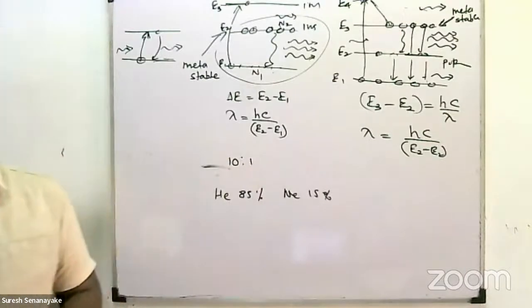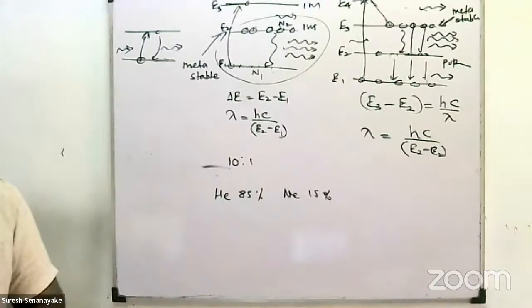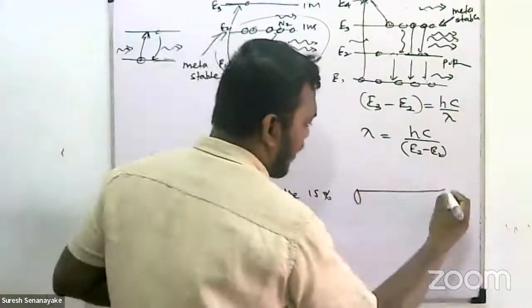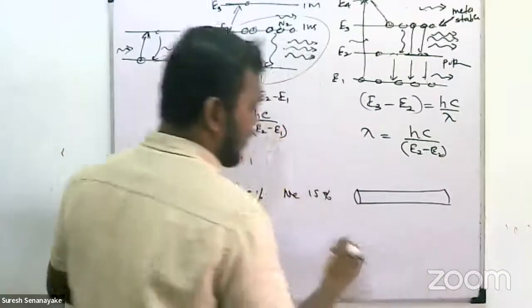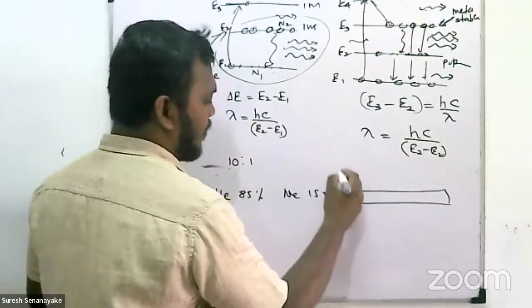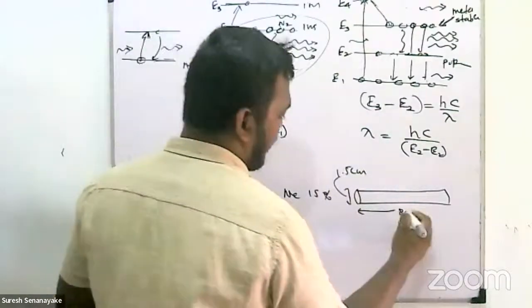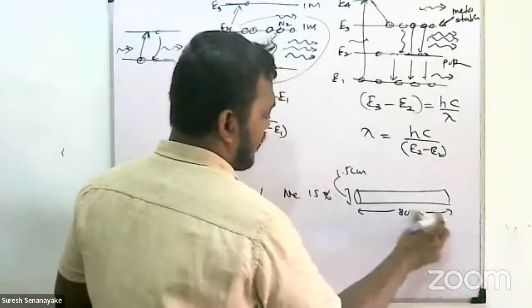It is contained in a glass tube like a tube light. Diameter is about 1.5 centimeters. It is much longer, 80 centimeters or 50 centimeters long.